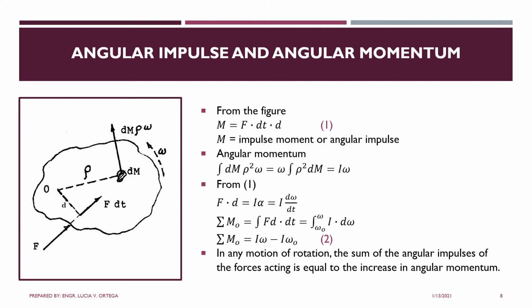This is differential time. It is equal to the integral of mass moment of inertia times differential angular velocity. The limit is from initial angular velocity up to final angular velocity. Therefore, the summation of moment at the axis of rotation, substituting the limit, is I omega minus I omega sub o, the final and initial angular velocity.